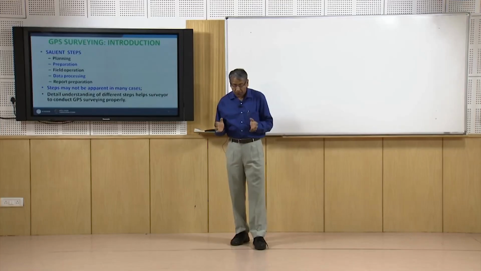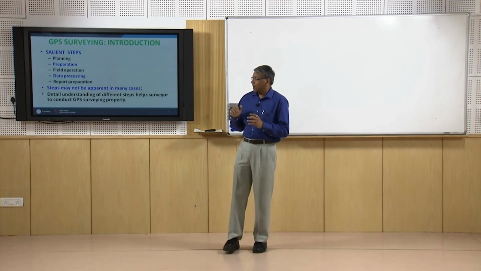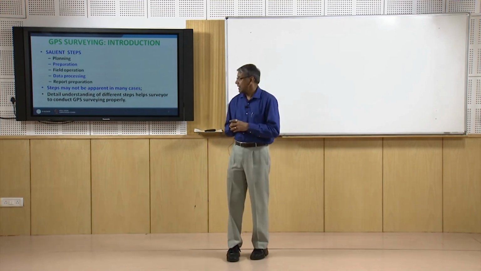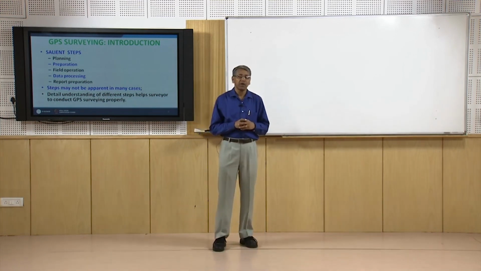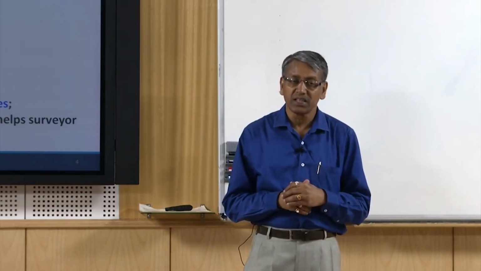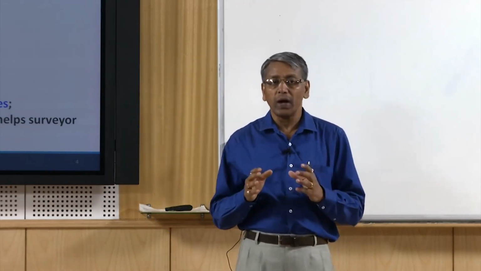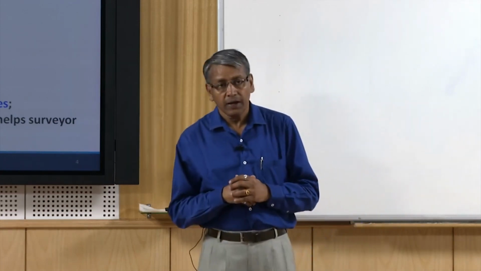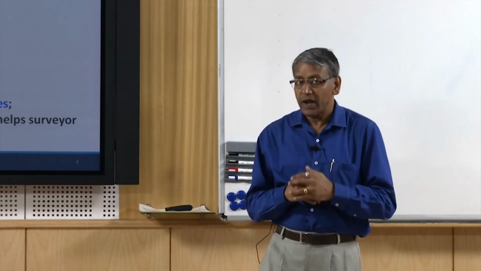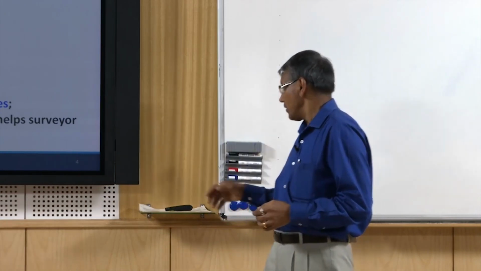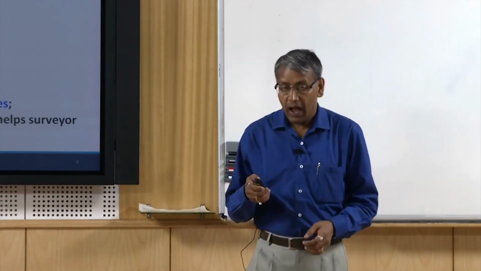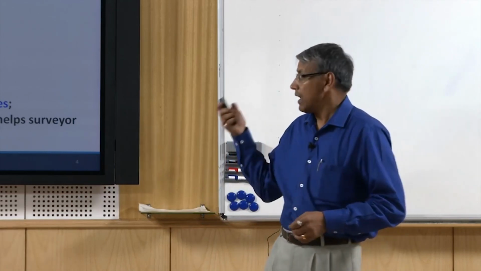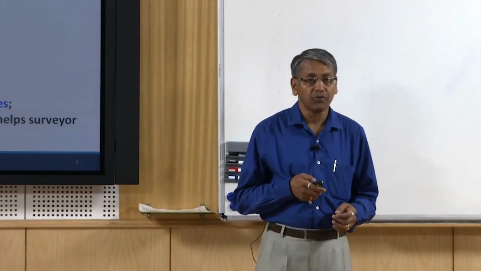Now these steps though look independent, in many GPS surveying works you will find that these steps are not that apparent. However, to carry out the GPS surveying properly, we need to understand each and every step clearly. Today's class I will be talking on the planning part, and in next classes we will go for other parts of this procedure for GPS surveying.